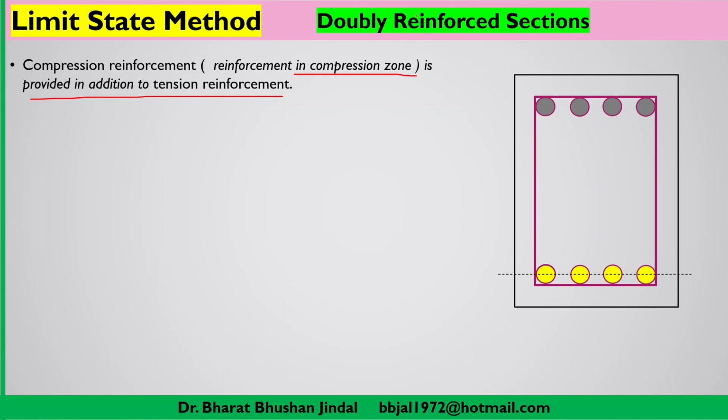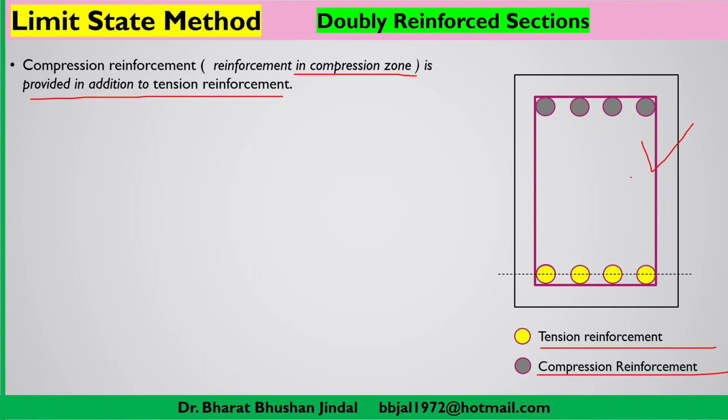Now you can see a section diagram here where you can easily see that two types of reinforcement are provided. This yellow color is tensile reinforcement, and this dark color, brownish or gray, is the compression reinforcement. So in this section we are providing reinforcement in tension as well as compression zones. That's why we say that this beam we have to design as a doubly reinforced section.